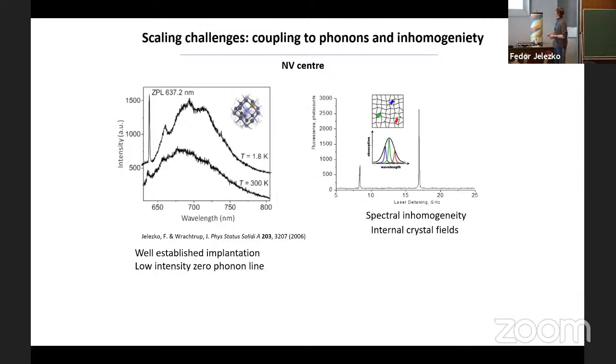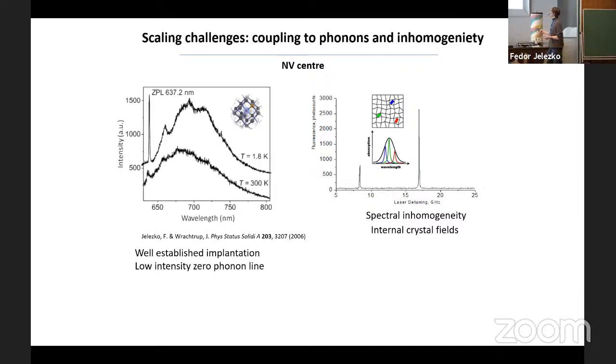And the other challenge that need to be considered is sensitivity to strain. NV Center do have a permanent electric dipole moment in the ground state, and it's very sensitive to local electric fields.